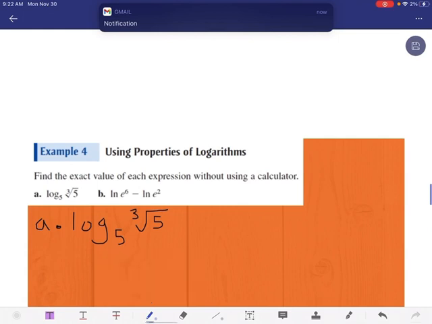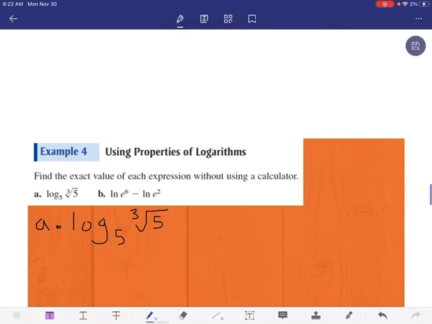So remember that for our logarithms, logarithms equal exponents. So let's say I have log base b of b to the x power.